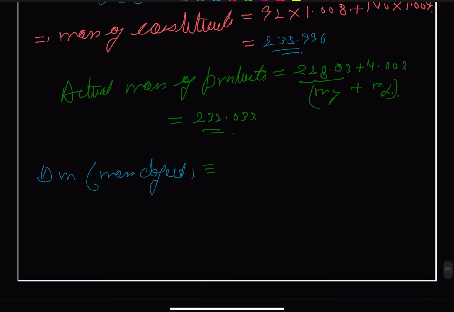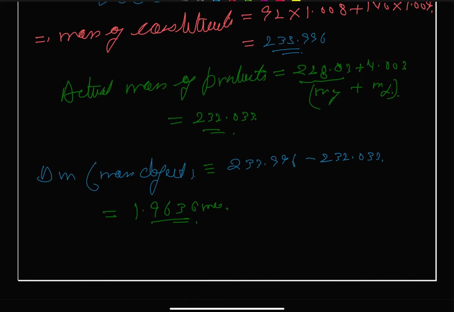So mass defect, delta M, is equal to 233.996 minus 232.033, and this comes as 1.963 AMU.